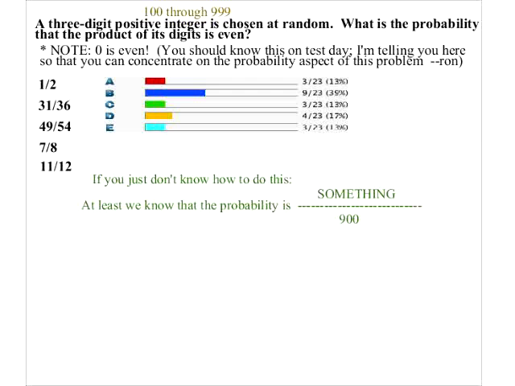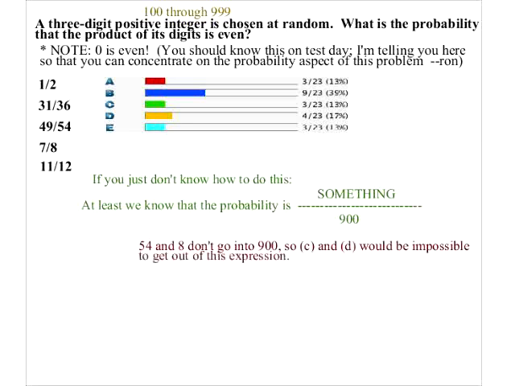So C and D would be impossible to get from this expression. So you can at least eliminate C and D, even if you have no clue how to solve this problem, if you just know that there are 900 numbers in this list. Because this is not anything out of 900, and neither is this. This fraction would have to reduce to the correct answer. So that's an interesting elimination.